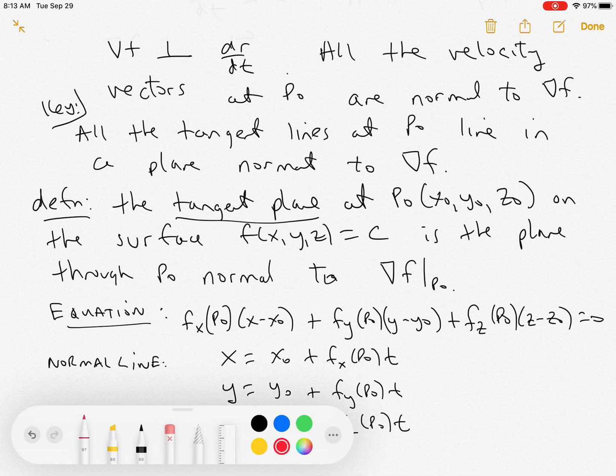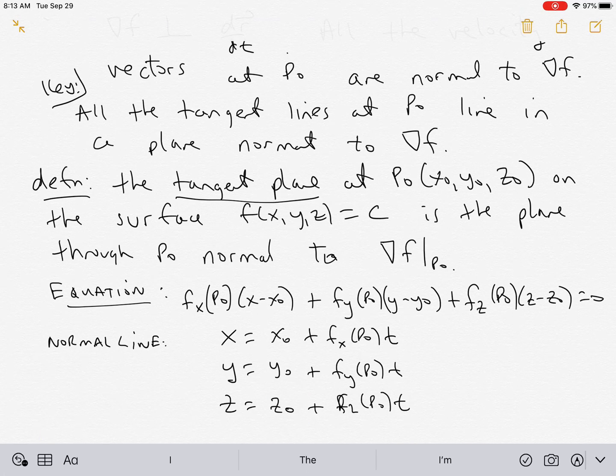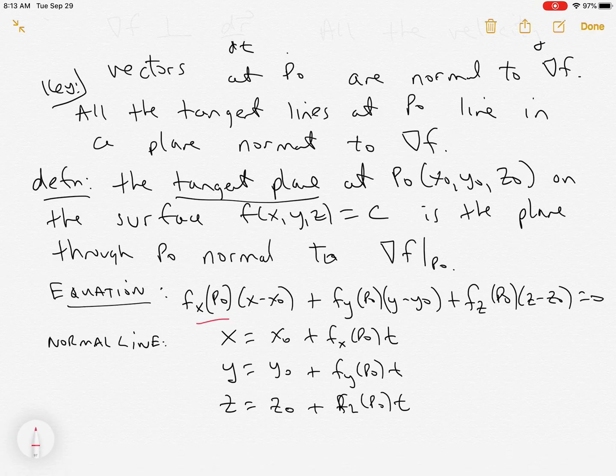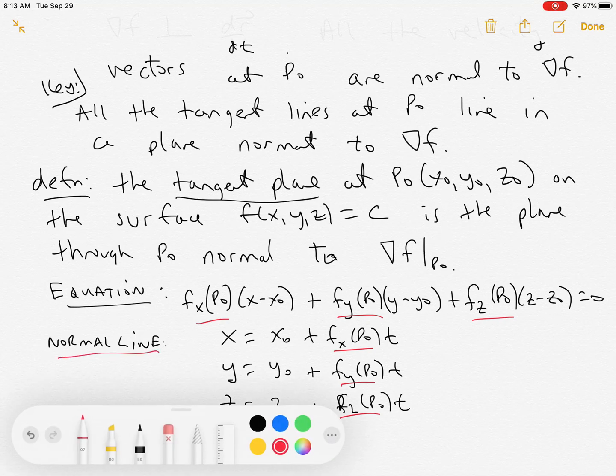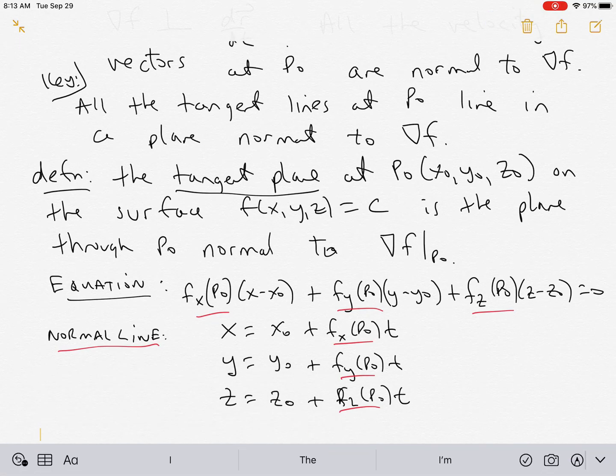Now note, these are the same. Once you find the normal line at a point on a surface, you get the actual equation of the plane almost for free. This really gets fleshed out in the examples.